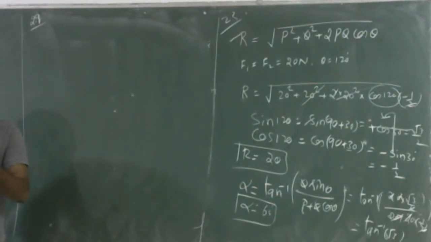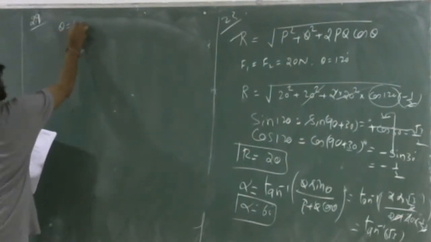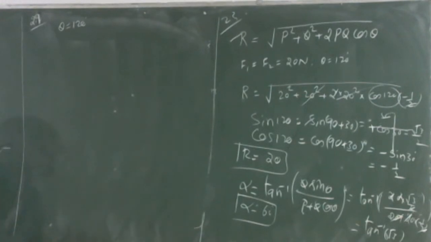The 29th one. It is given that two forces P and Q act at an angle of 120 with each other. There are two vectors P and Q. The angle between them is theta is equal to 120. Okay. If the resultant is at right angles to P, the resultant is at right angles to P. So how to consider these vectors?